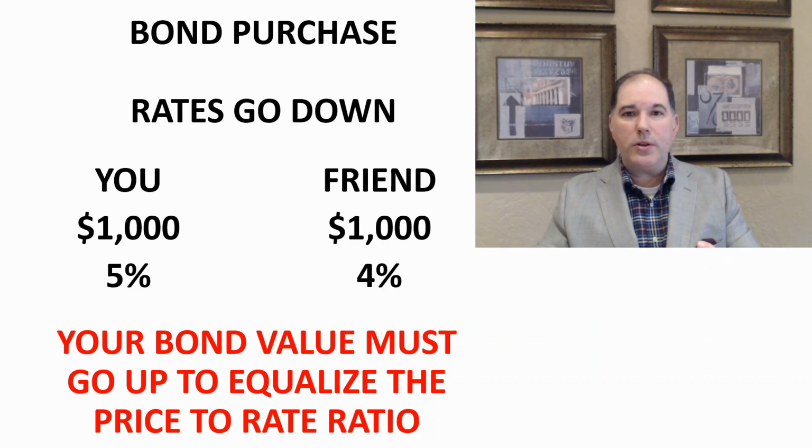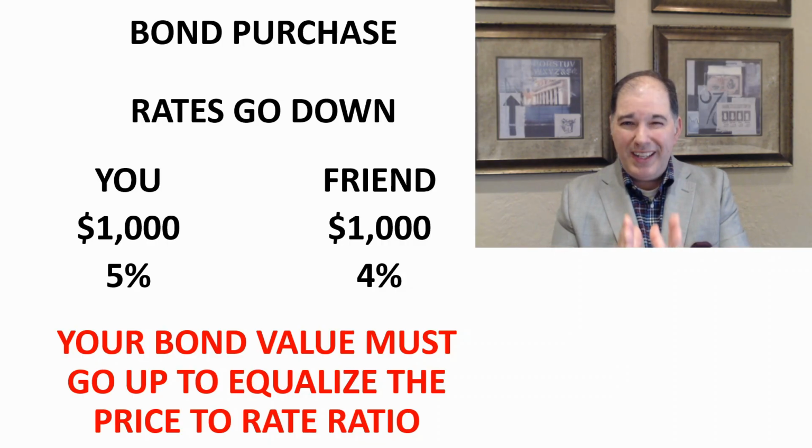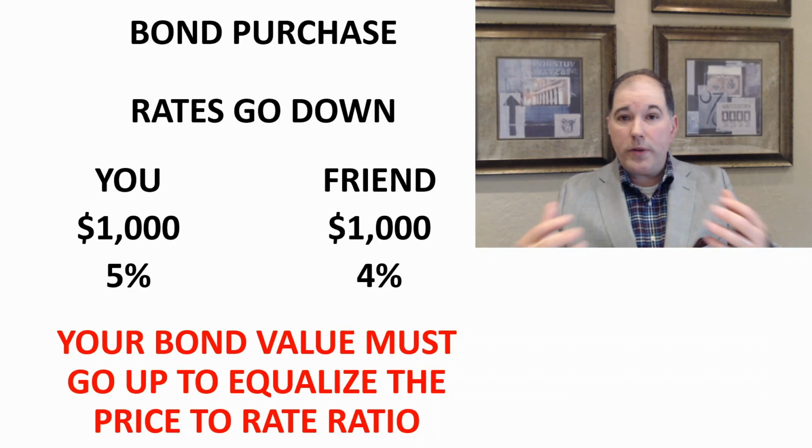That's one way that you can try to immunize a bond portfolio: shorten the duration or the length that you hold those bonds, whether it's individual bonds or a bond mutual fund. And the shorter the term is, the less susceptible those bonds are to changes in interest rates.